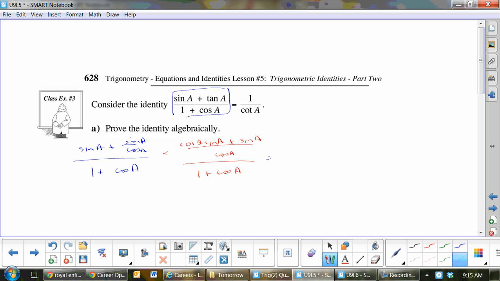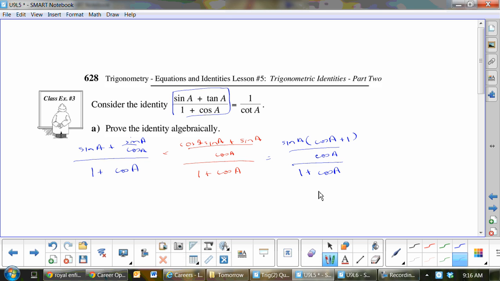Okay, so hopefully these are getting a bit more familiar now. So now do you see here, I can take out a sine A, right? So this would be sine A. That's going to leave me with cos A plus 1 all over cos A, over 1 plus cos A. Okay, now what's sine A over cos A?